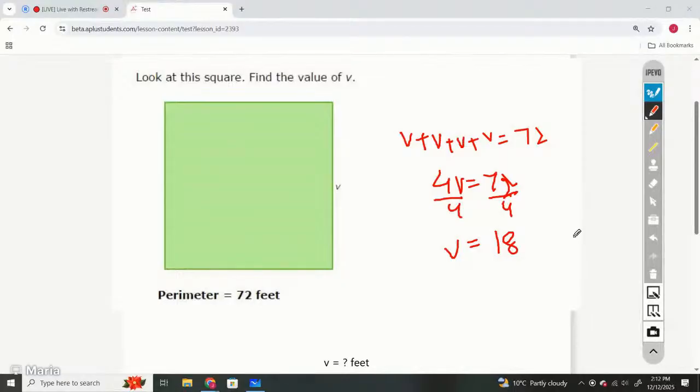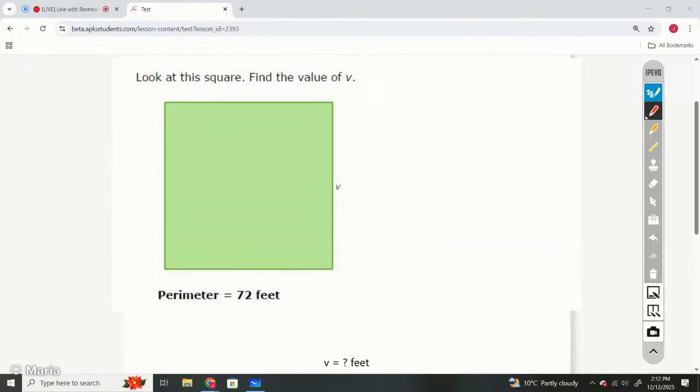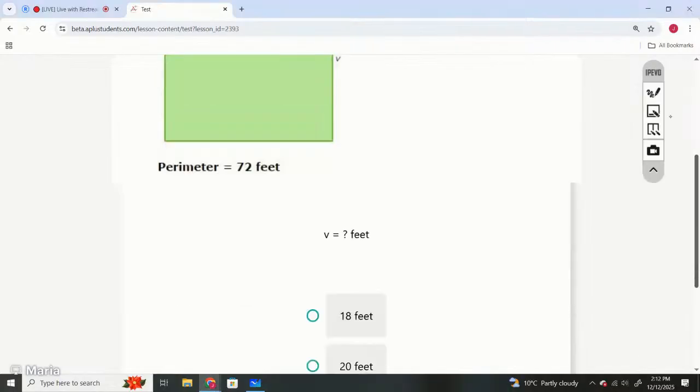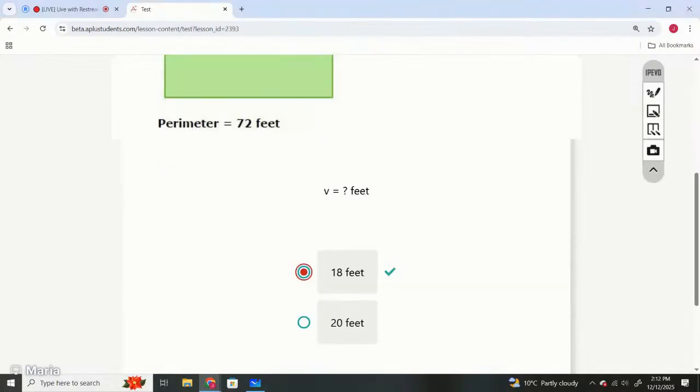So V equals 18 feet. Option number 2 is the correct option.